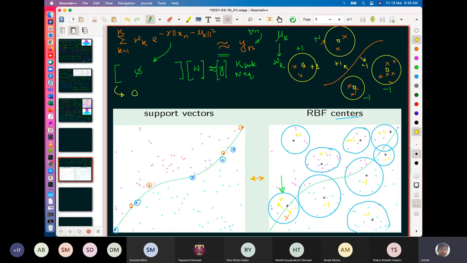If phi transpose phi is invertible, then obviously my W matrix is given by the pseudo inverse.